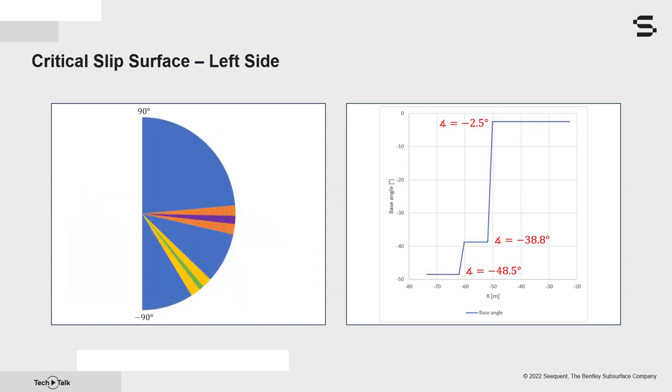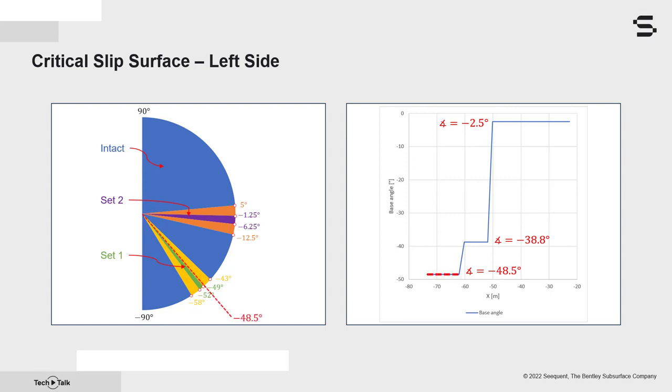This schematic view of our material includes the intact rock as well as the two joint sets. To help us view how each joint set relates to the slip surface base angle, let me identify the transitions between the intact material and the joint sets via the appropriate angles.